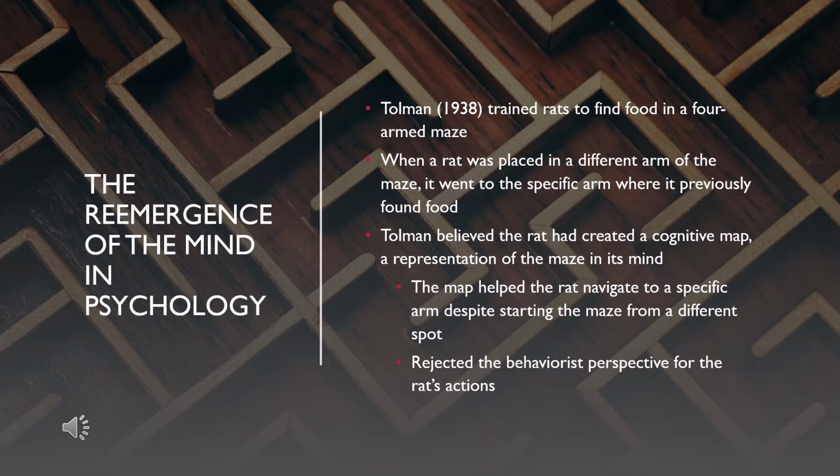So Tolman's research in 1938 trained rats to find food in a four-armed maze, and this gives you a description of what that was like. Rats learned the layout of the maze using cognitive maps and not stimulus response habits. And so in this experiment, there's evidence of mental representation, and it was really a major challenge to behaviorism.